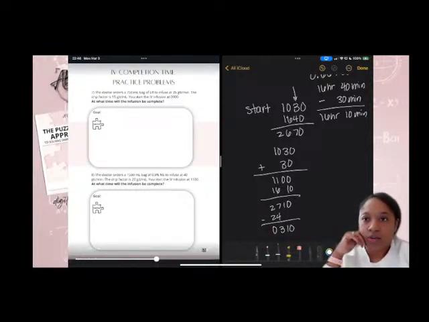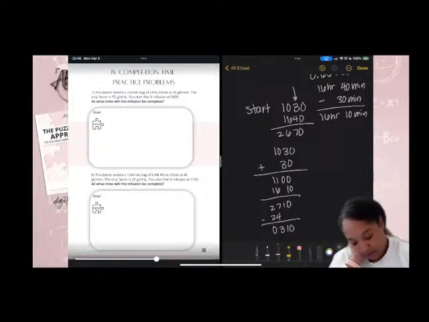Where is the other one they asked for? These completion time problems be killing y'all. But it's just like the other ones. I think it's when you get to adding the times, the military times, that's what becomes difficult. Number 11 on page 155.